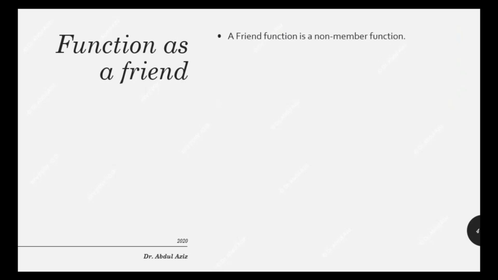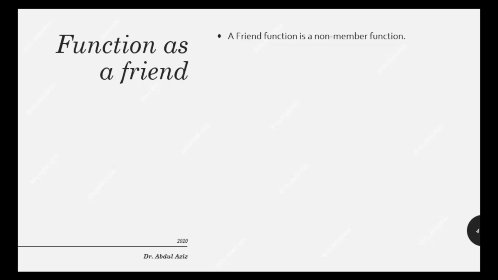Okay, what is basically a friend function? As we discussed earlier, this function is a non-member function, which means this is not a function of my class. It can be a global function, it can be a function of some other class, but a friend function is basically a non-member function.